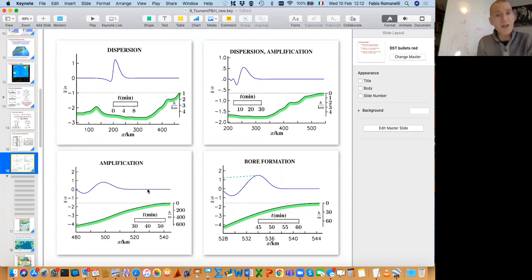Why? Because of Snell's law: if velocity is getting slower, the refraction angle is getting smaller, and so the wave field will arrive at the end of the story parallel to the coastline. But what is very important here is the amplification due to the shoaling effect.